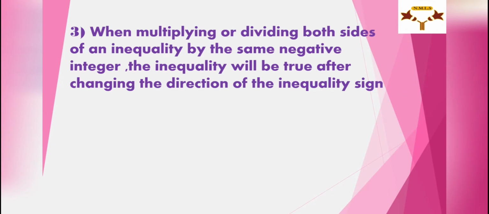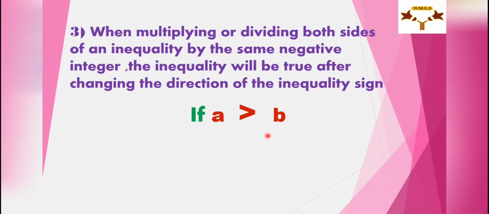But here I have a very important property. When multiplying or dividing both sides of an inequality by the same negative integer, the inequality will be true after changing the direction of the inequality sign. What does it mean?